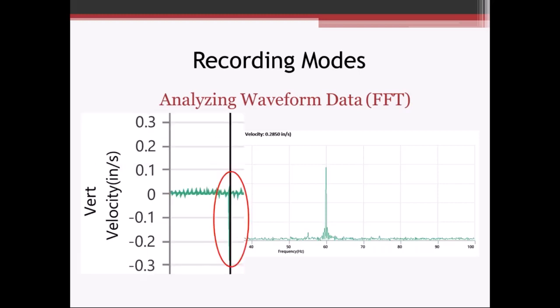I zoomed in on the vertical component, and you can just barely see right here at 0.25 inches per second, basically it was an instantaneous spike. Obviously, that's not a physical occurrence.